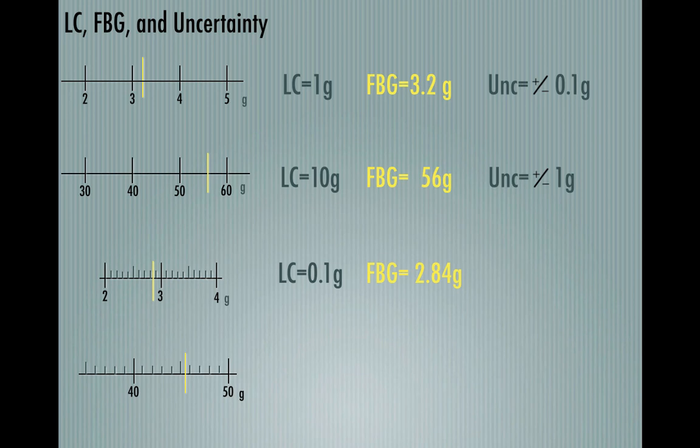But I'm going to say that I could only divide it into 2 spaces, which means my uncertainty is going to be greater than it was in the first one. I'm not quite sure because it could be a 4, could be a 5, could be a 6. So my uncertainty is going to be plus or minus 0.05.